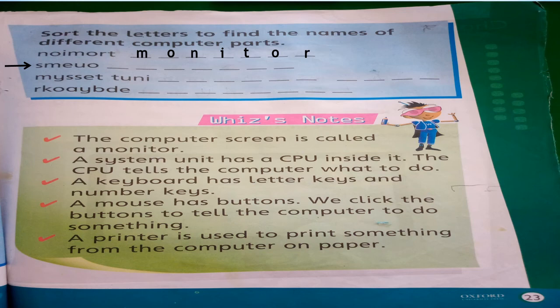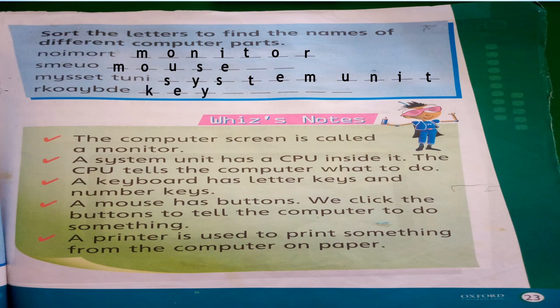Which part is the spelling of this? Mouse. M-O-U-S-E, mouse. Next, S-Y-S-T-E-M, system. U-N-I-T, system unit.